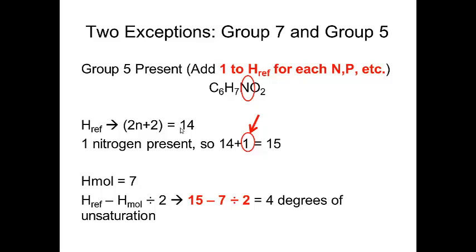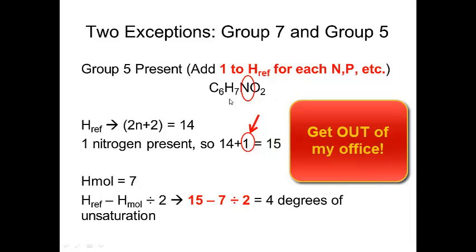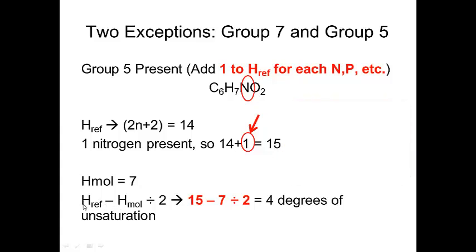You can play around with the structure and propose some structures for this particular empirical formula. So again, you only do this when there's a group 5 atom present. You calculate H ref, then you add 1 to it, and once you do that, you can apply the formula, H ref minus H molecule divided by 2.